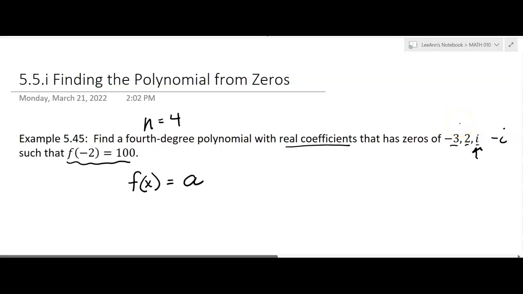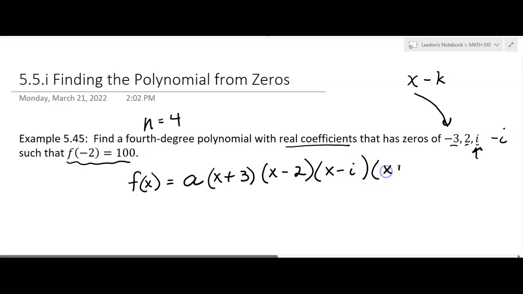For each 0 there's a factor of x minus k for every k that's a 0. So we'll have x minus -3, or x plus 3, as a factor. x minus 2 is a factor. x minus i is a factor. And then x plus i is a factor.